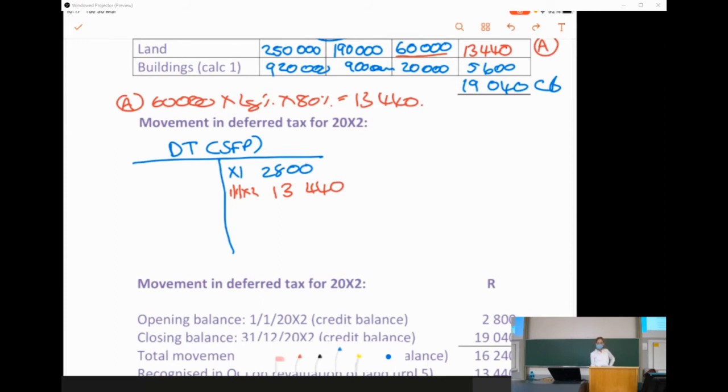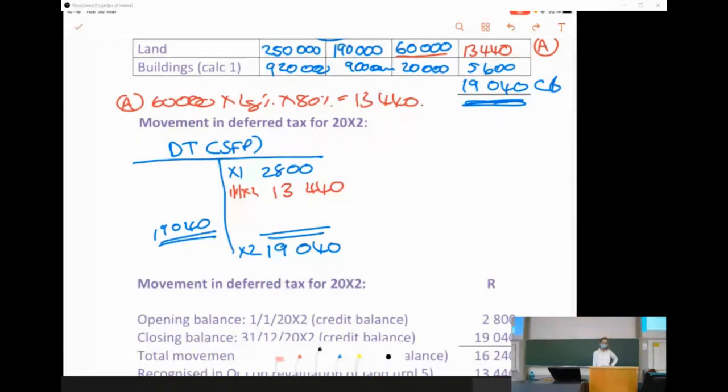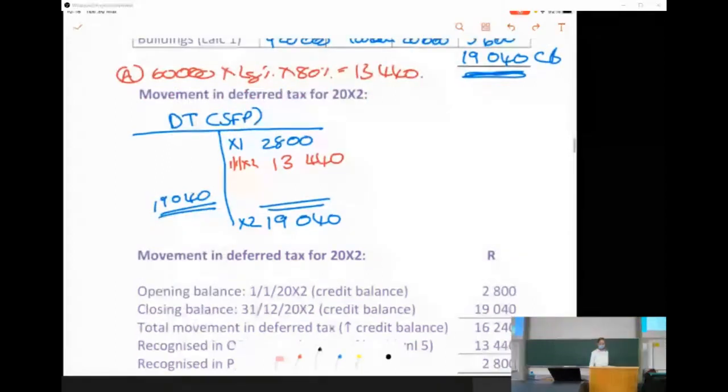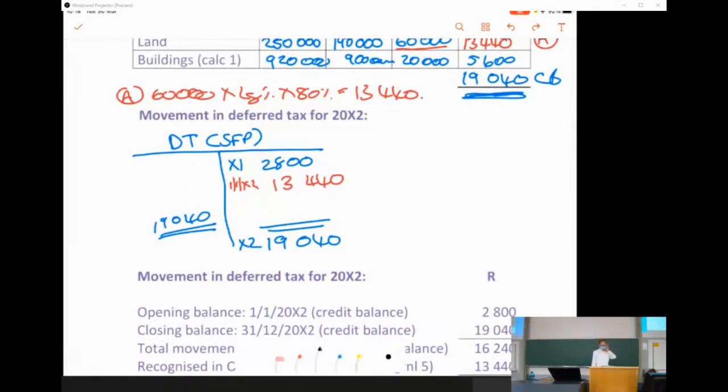Okay, we've calculated what we want our closing balance to be. It's also a liability still. So therefore, we want to start next year with this liability, 19,040. So that's the brought down, carried forward will be 19,040. So we need a journal in this account to the value of 2,800.